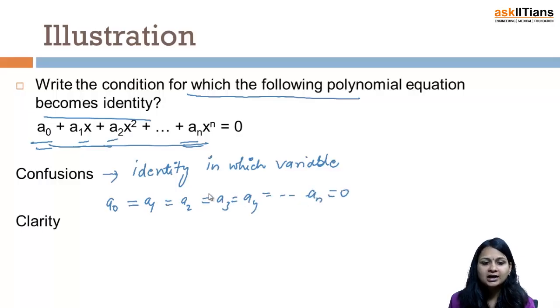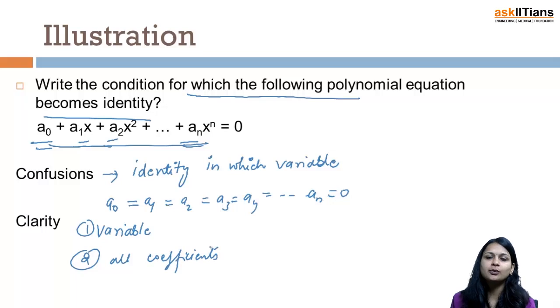Then only I will say that yes, this is done. So whenever you are solving a question, you have to be aware of which variable I am talking about, first point, and second point, all coefficients. That will make us solve identity questions very easily.